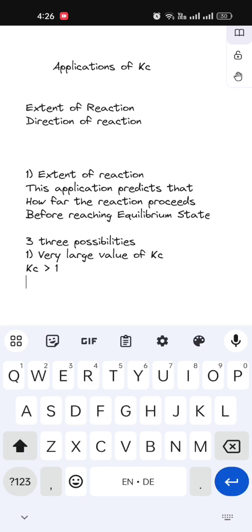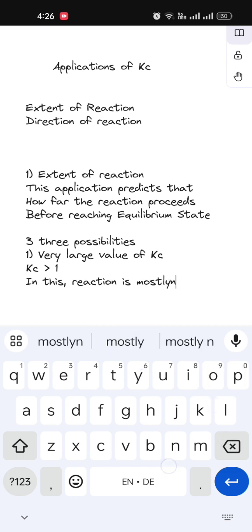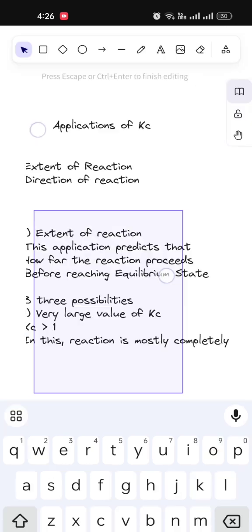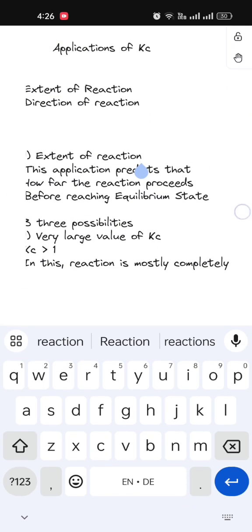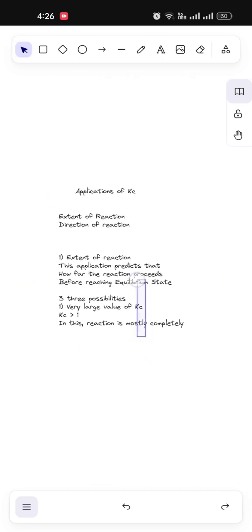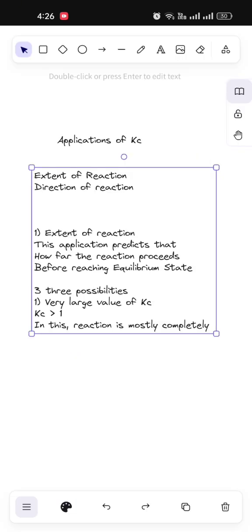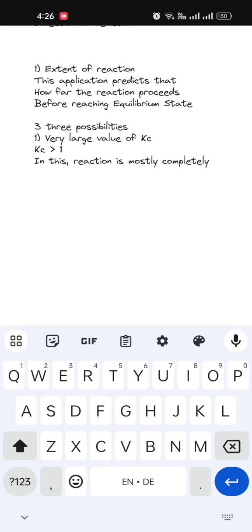The reaction is mostly completed when we have a very large value of Kc. So this shows that the reaction is mostly completed.